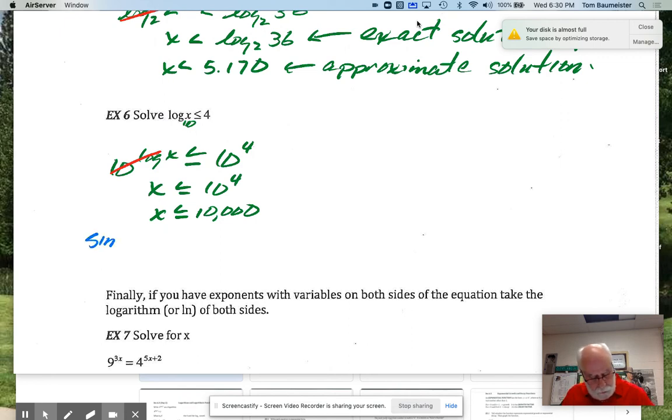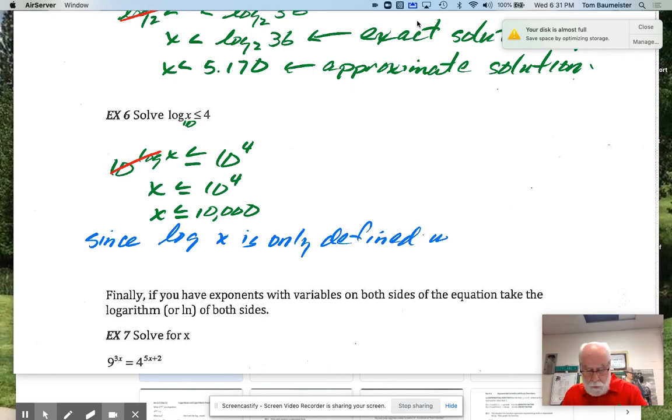Since it says it's less than or equal to, but remember log x is only defined when x is greater than 0, we have to restrict our solution. So we're going to say that x has to be between 0 and 10,000.